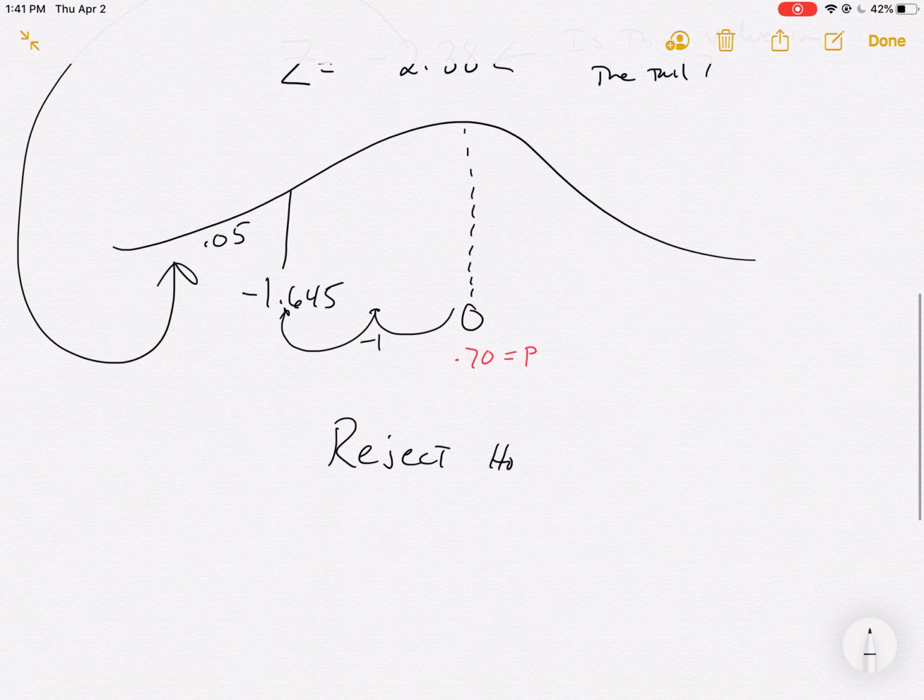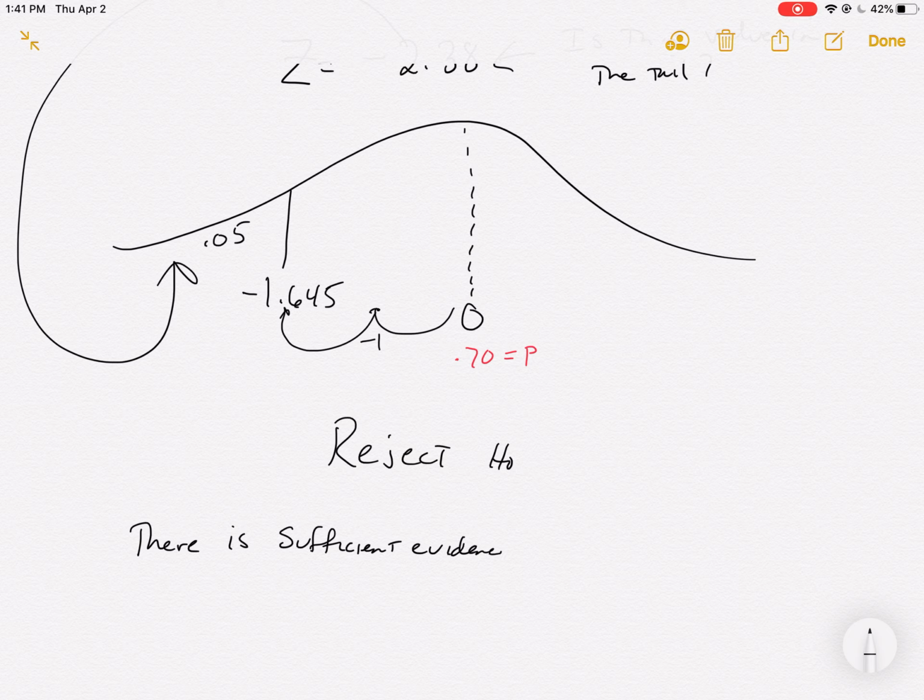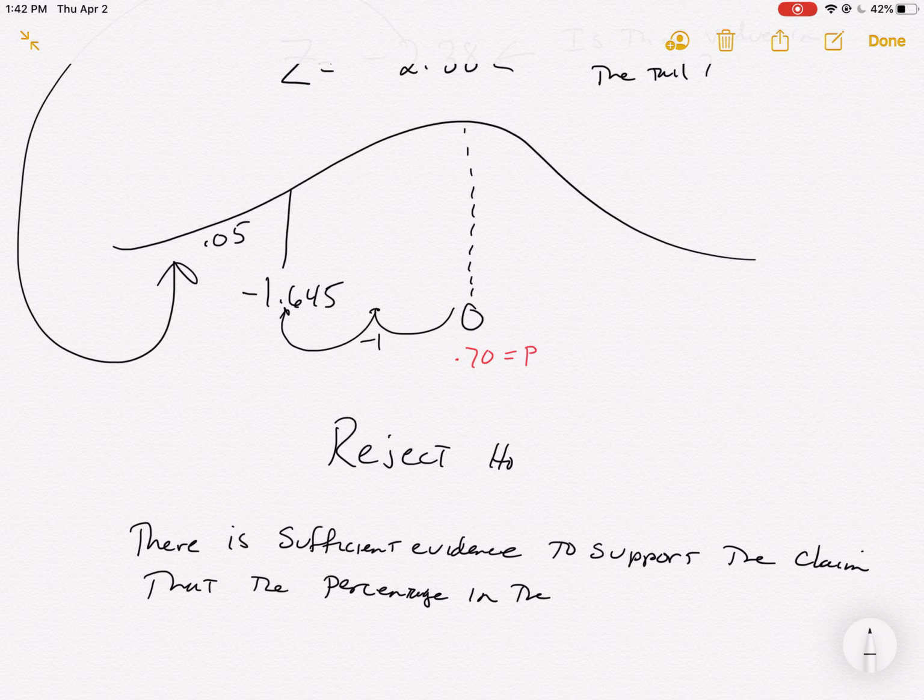So whenever you reject, you're going to be able to write a statement about the claim. And this is the statement: there is sufficient evidence to support the claim that the percentage in the population is less than 70%.